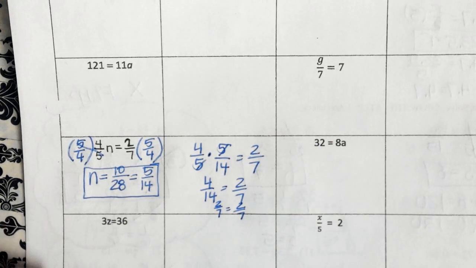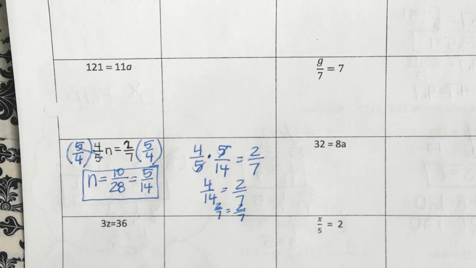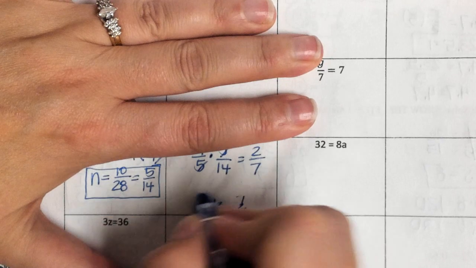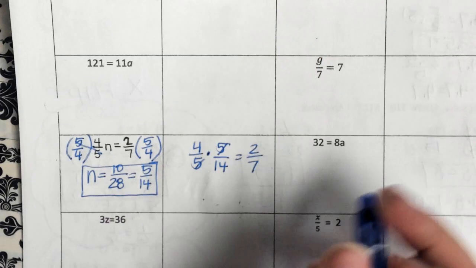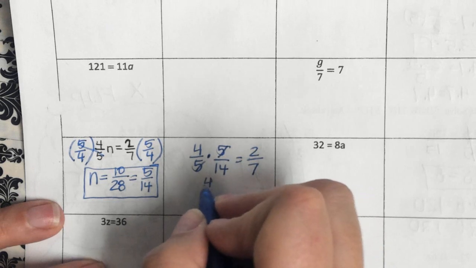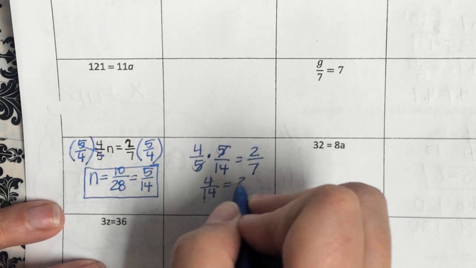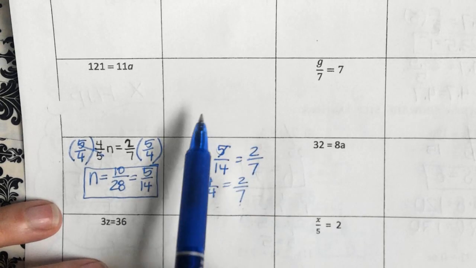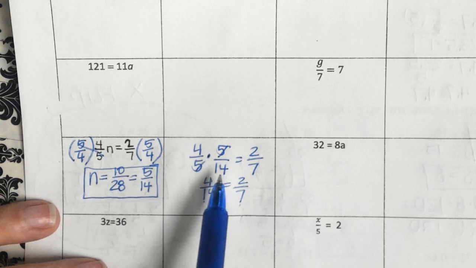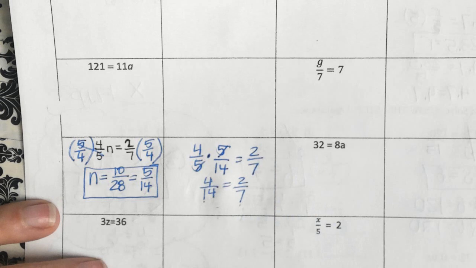I'm confused. Which one? Why did I what now? Because I can cross cancel just to make my simplifying easier. I could have gone straight across and done 20/70 and then drop my zeros and get 2/7. Or you could have simplified 4 and 14.